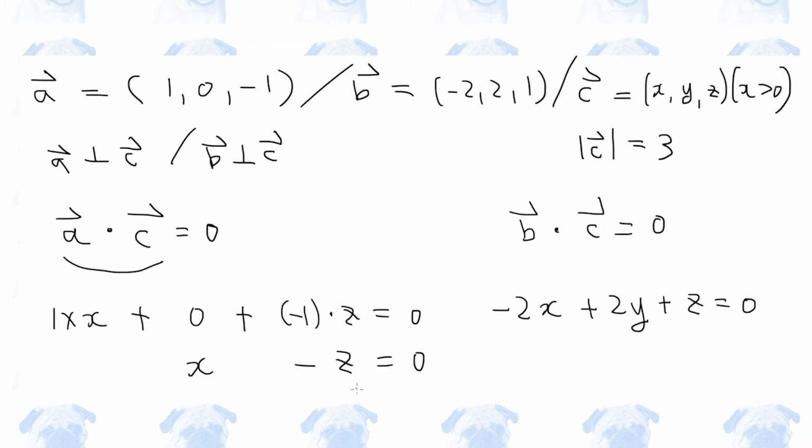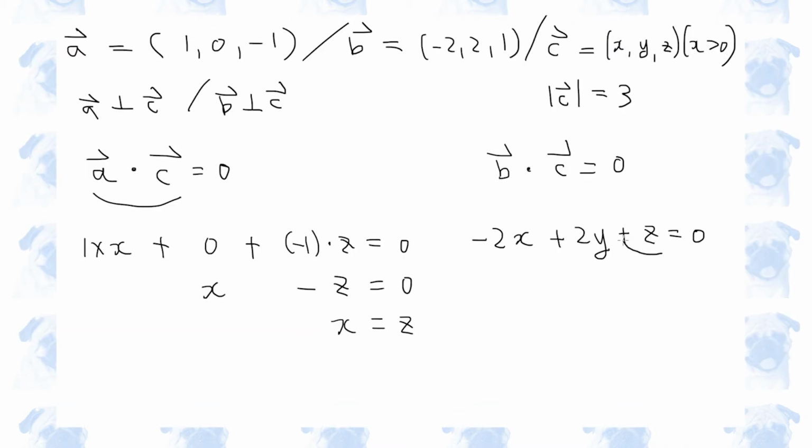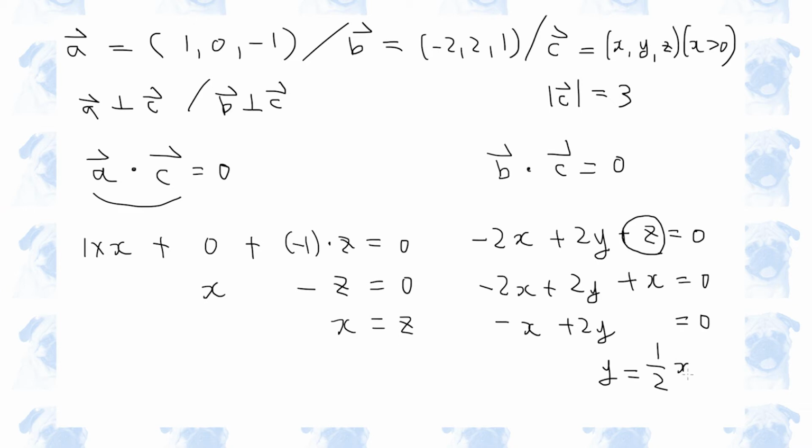Now, from this equation, we know that x and z are equal to each other, so we can replace z with x. So y is 1/2 times x. So y is 1/2x and z is x.